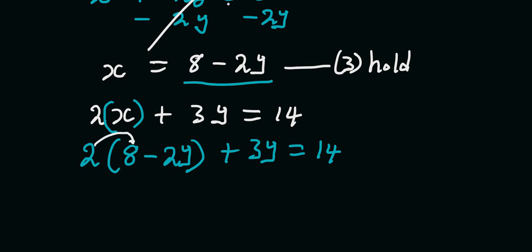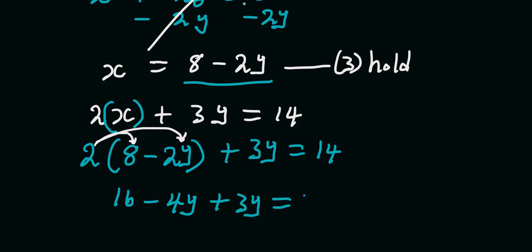Distribute the 2 into this and also into this. All right, so 2 times 8 is 16, and 2 times negative 2y is negative 4y, plus 3y equals 14.